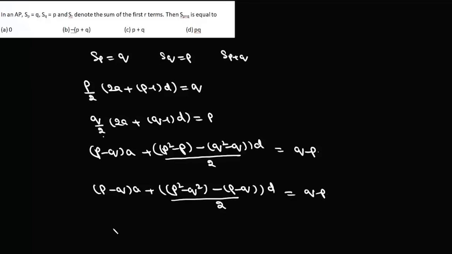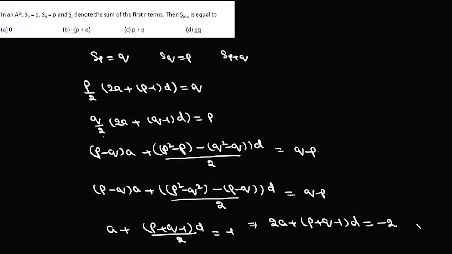Now we can cancel p minus q, so we can write a plus (p plus q minus 1) into d by 2, and this is minus 1, or we can write 2a plus (p plus q minus 1) into d is equal to minus 2, and that's our first result.